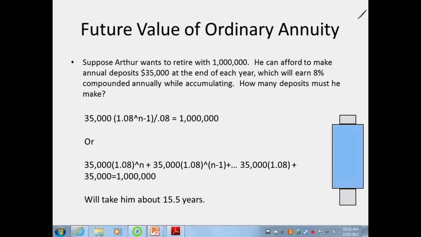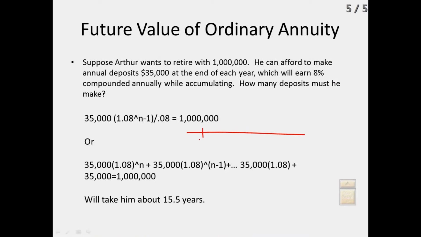What you really want to capture is, I'm going to be making $35,000 payments every year, and then I want the future value to be $1 million. So I know what I want the end value to be. I know what the annuity payment is. I know how much interest I can earn, which is 8% per year. And I have to say, how many of these payments am I going to have to put in?